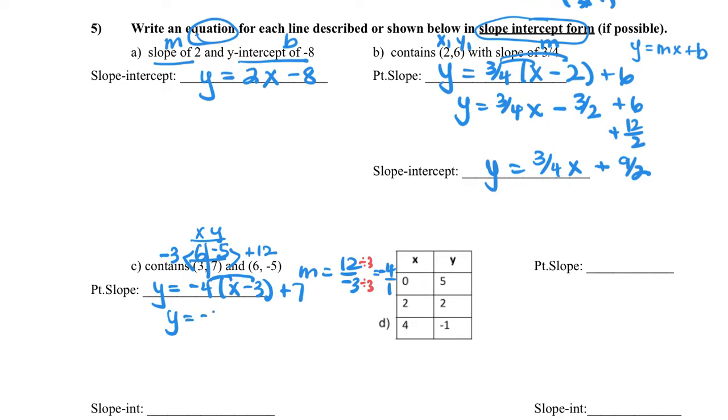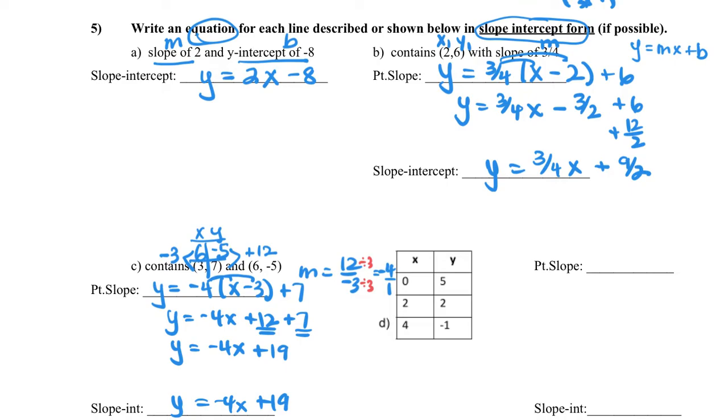So y equals -4x plus 12, and I still have my plus 7 out here. Y equals -4x, and then these are both positive, so I'm just going to add those up, and that gives me 19. So y equals -4x plus 19 is in my slope intercept form.